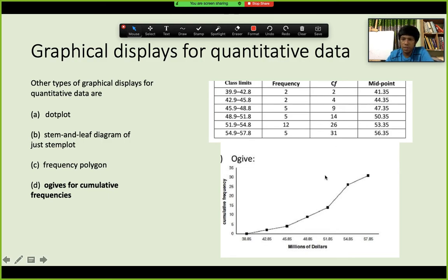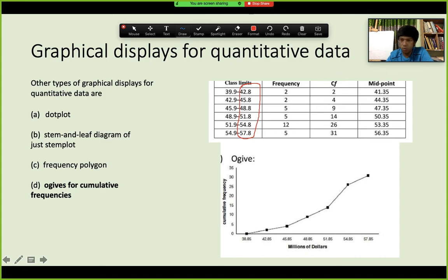So we have this value here. This one is starting, then 42.85. For this one we have 2, then we have 4, 45.85, then we have 48. For the cumulative frequency curve, we take the highest value of the class.